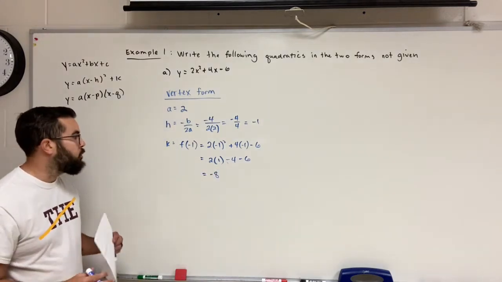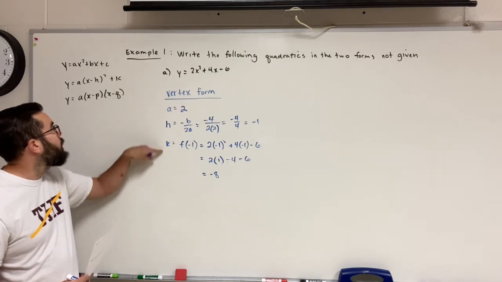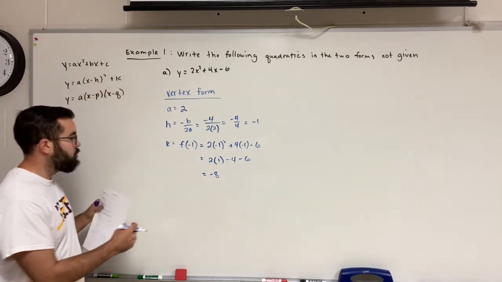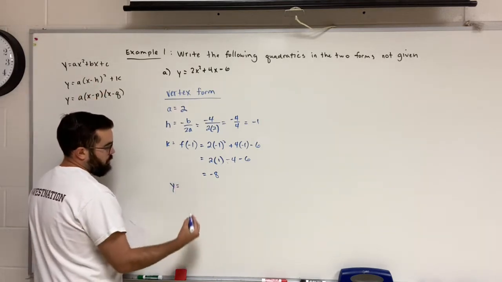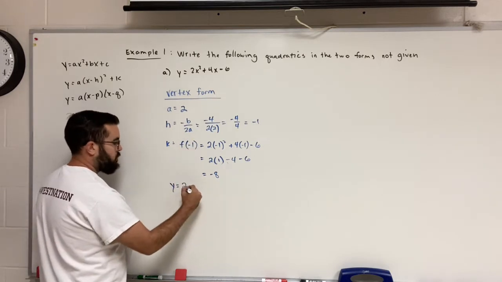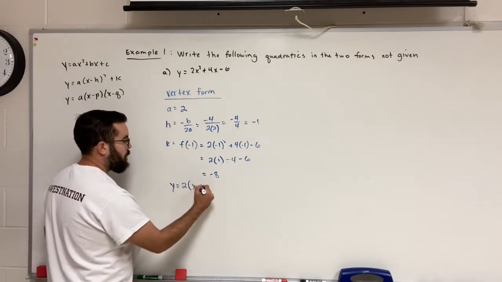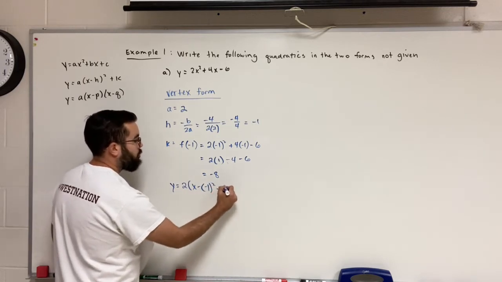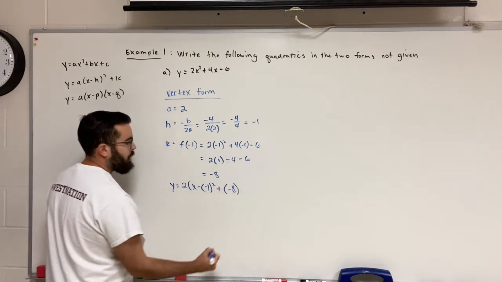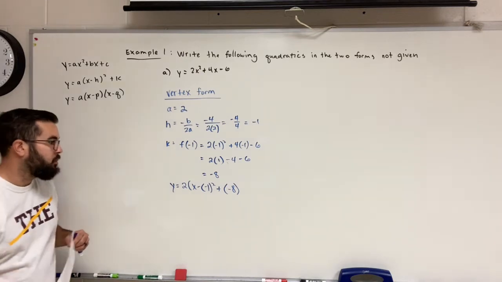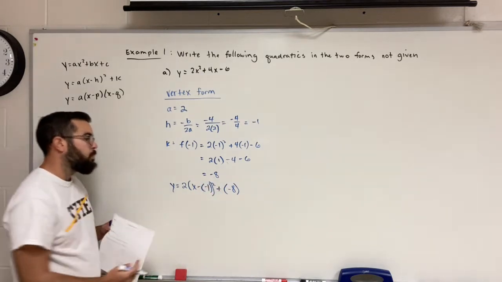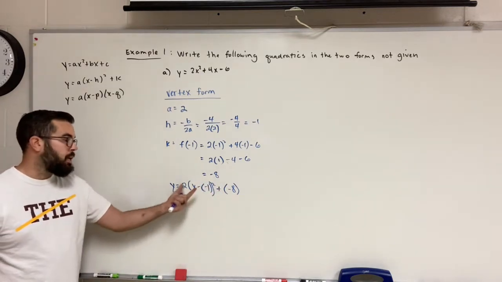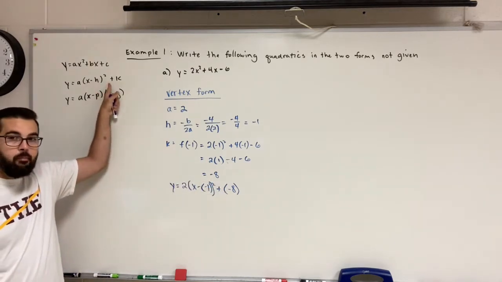All right, so now we have a, h, and k. It's just a matter of plugging into that formula. So we have 2 times x minus negative 1 squared plus negative 8. So all I did is I substituted, I need another parenthesis there. All I did is I substituted a, h, and k into that general form.